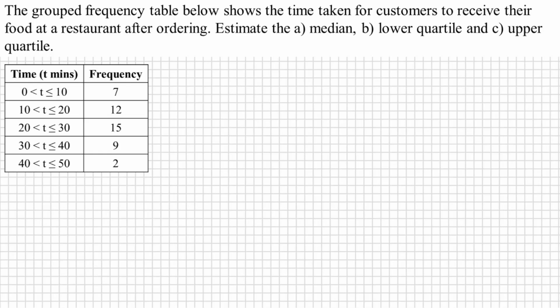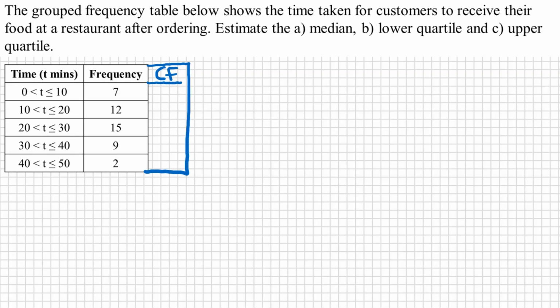So we're told that the grouped frequency table below shows the time taken for customers to receive their food at a restaurant after ordering. And for part A, we need to estimate the median, okay? So the first thing that we're going to do is find the cumulative frequencies, and I'm going to denote this with CF, like this here.